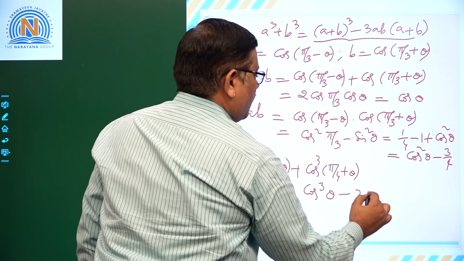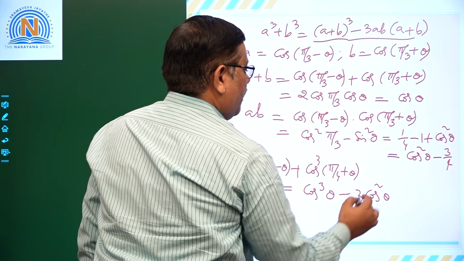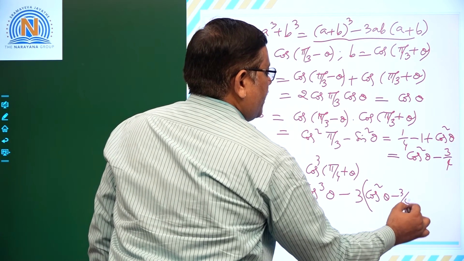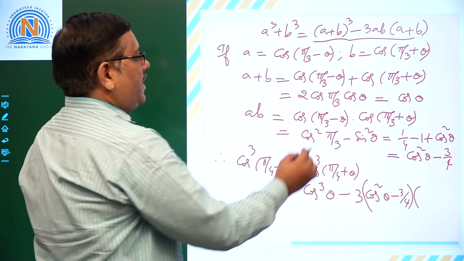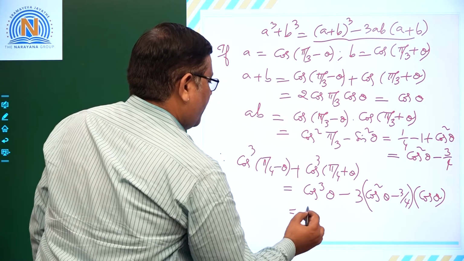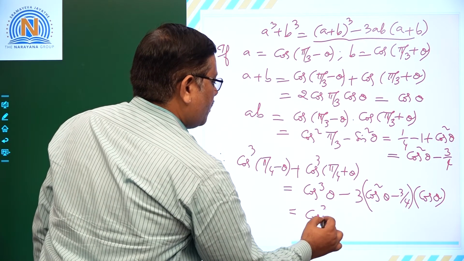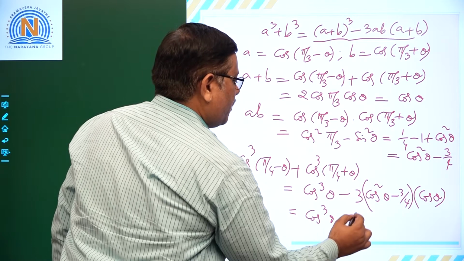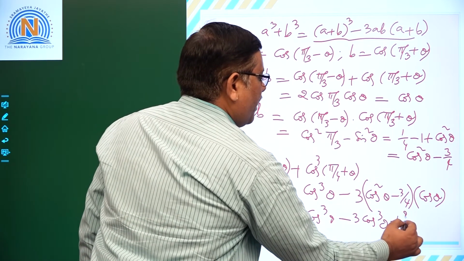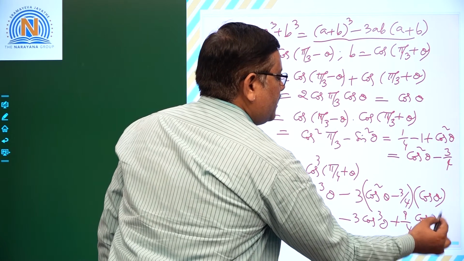AB means this cos square theta minus 3 by 4, that is AB, into A plus B. A plus B is again cos theta. If at all I simplify this, this is going to be cos cube theta minus 3 cos cube theta plus here 9 by 4 cos theta. This is what I have.